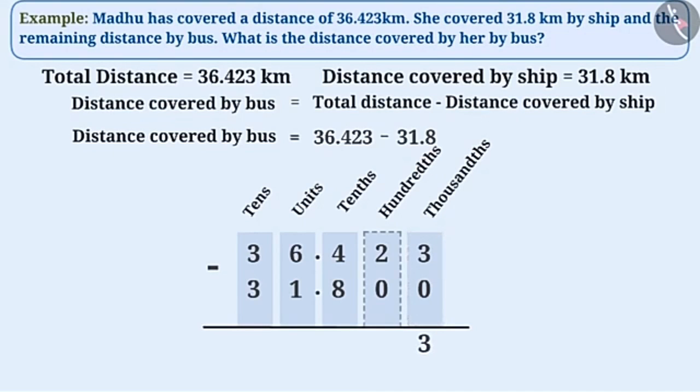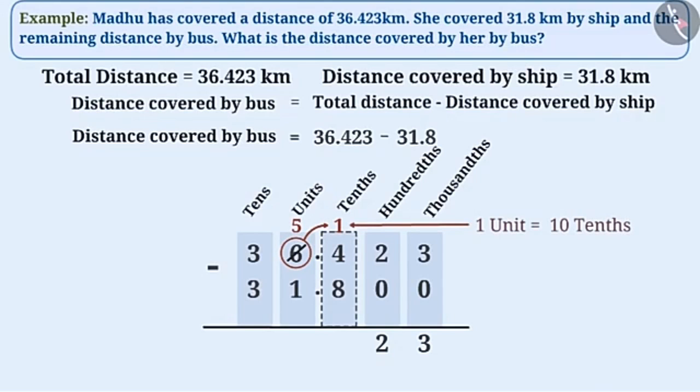By subtracting the digit at a hundredth place, we get 2 as the result. We cannot subtract the digits at a tenth place because the digit in the first row is smaller than the digit in the second row. So, we will borrow 1 from ones place. By doing so, the digit at a unit place is reduced to 5 and 4 tenths become 14 tenths.